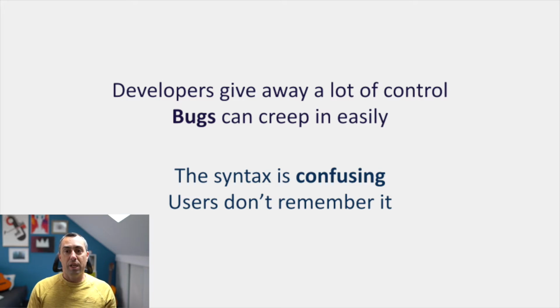And so that means that you need to know those properties very well and how they interact together and how you can combine them. And so a tiny mistake in there may lead to something completely unexpected. And so a lot of people have actually been confused by the syntax and they don't really remember how to achieve a particular layout, and that's why they've been asking for tooling to help with that.